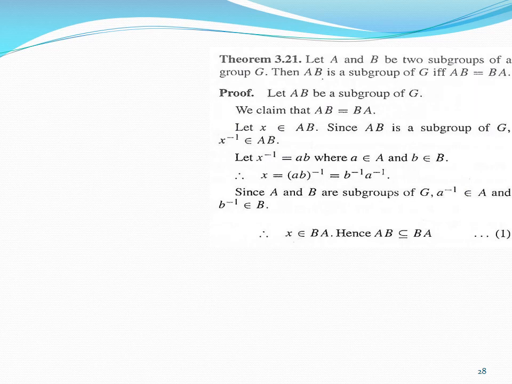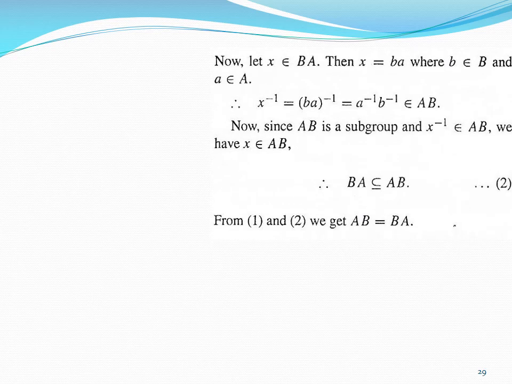Next, to prove the reverse, let x belong to BA. What is it? x equal to small ba, where b belongs to capital B and a belongs to capital A. Then x inverse equal to (ba) whole inverse equal to a inverse b inverse. It belongs to where? AB.